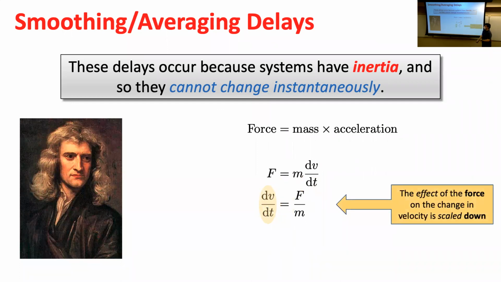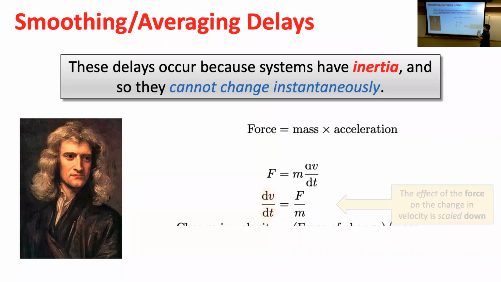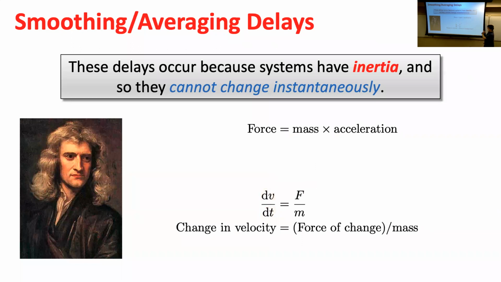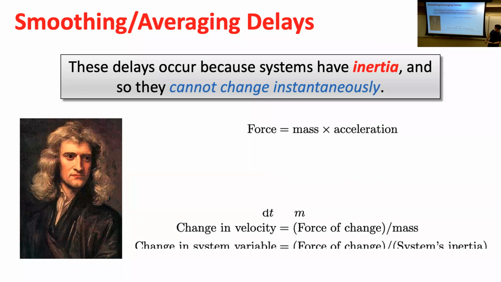What I see here is that the flow into the velocity stock is just equal to F, which is like an input, divided down by the mass. We're going to see this relates to the function that we just recently saw that characterizes smoothing delay. So I write that in words: the change in velocity is the force of the change divided down by the mass.